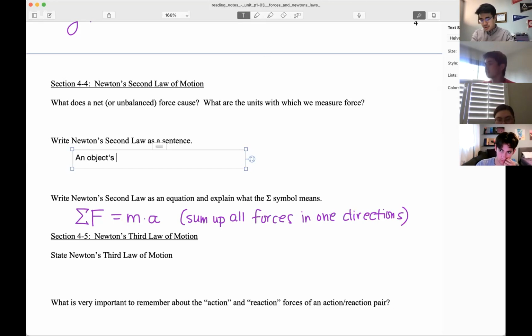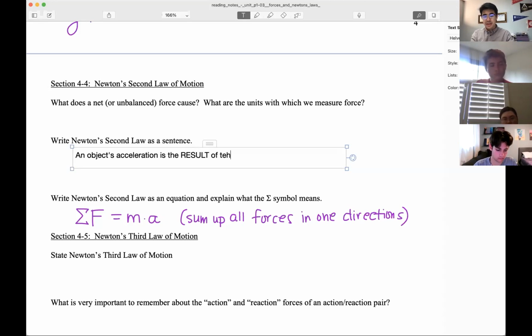In objects, acceleration is the result of the net force on the object divided by the object's mass.